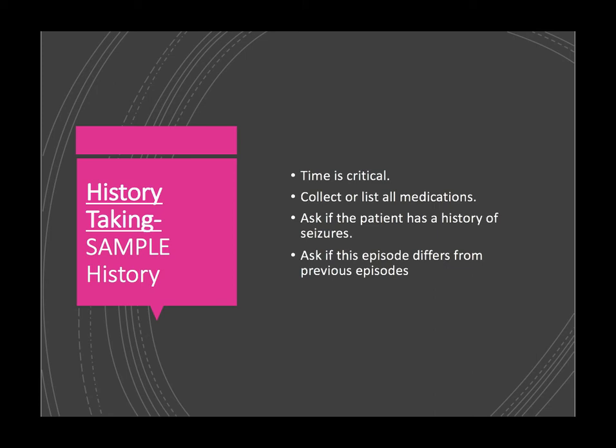With stroke, ask them if they have any history of diabetes, atrial fibrillation, blood clots, hypertension, high cholesterol. Those are all very important questions. And always ask how this episode, whether it be an altered mental state or seizures or anything like that, was different from previous episodes, especially if the patient has a history of it.